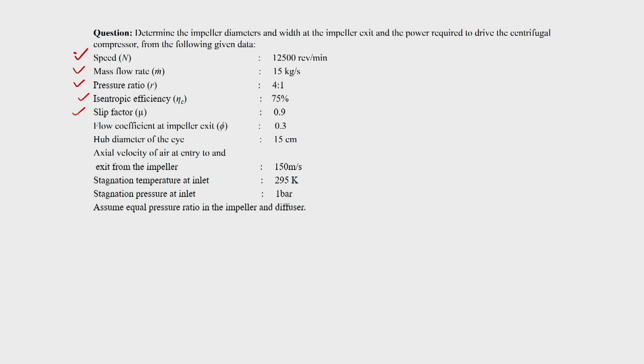Then slip factor is 0.9, flow coefficient at the impeller exit, which is phi2. Hub diameter at the eye is 15 centimeter. Axial velocity at the entry and exit of the impeller: we are given with CA1 and we are given with CR2 at the impeller exit, which is 150 meter per second.